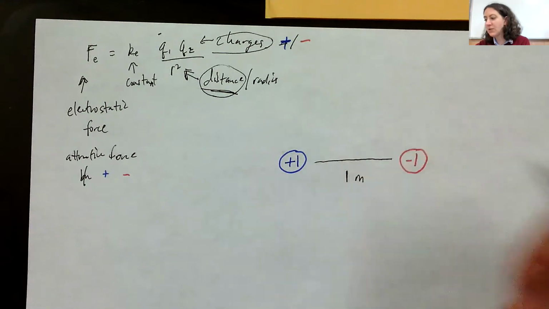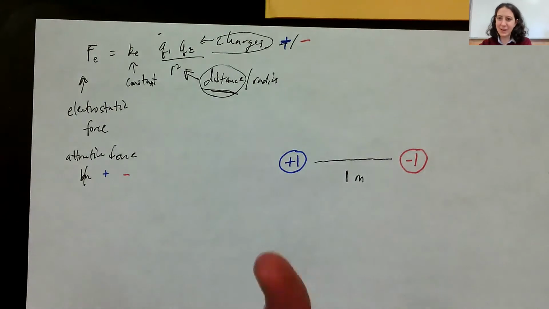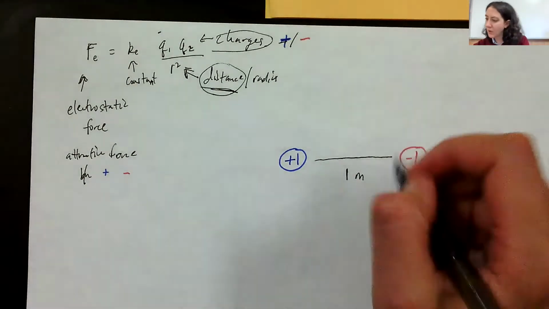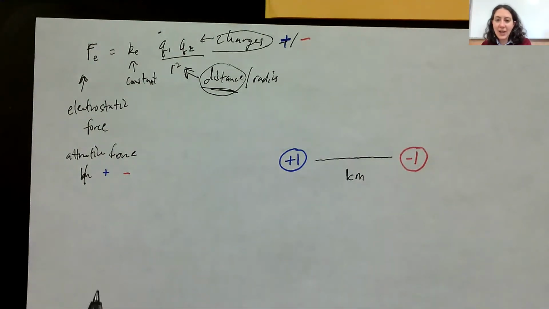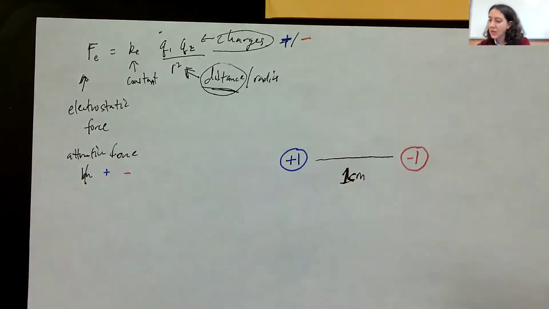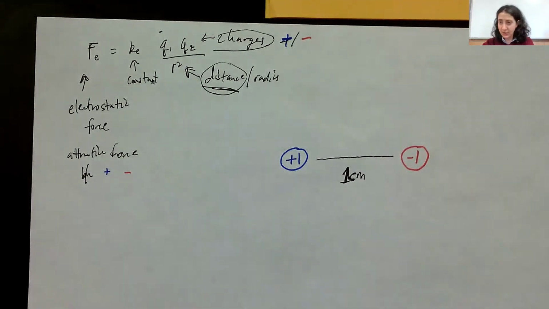I'm going to use meter just because it's a unit of measurement, but it really doesn't matter. Let's say they're 1 centimeter apart. So what is the force of attraction between these two charges?